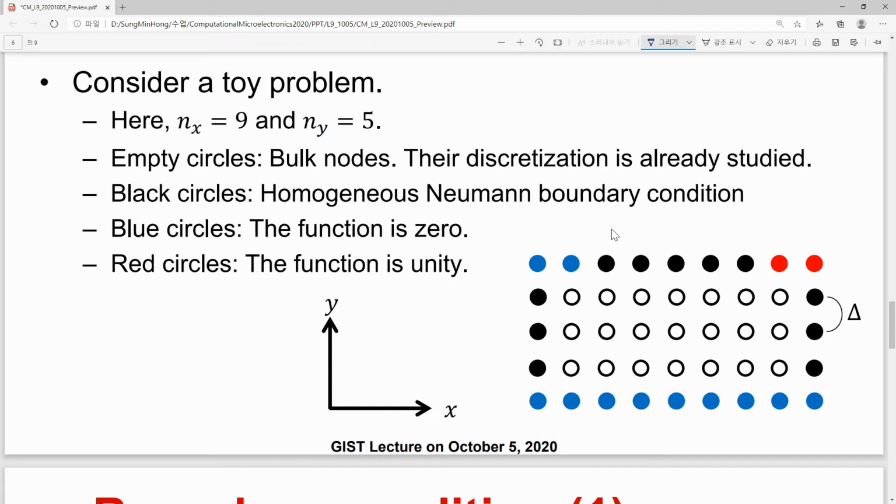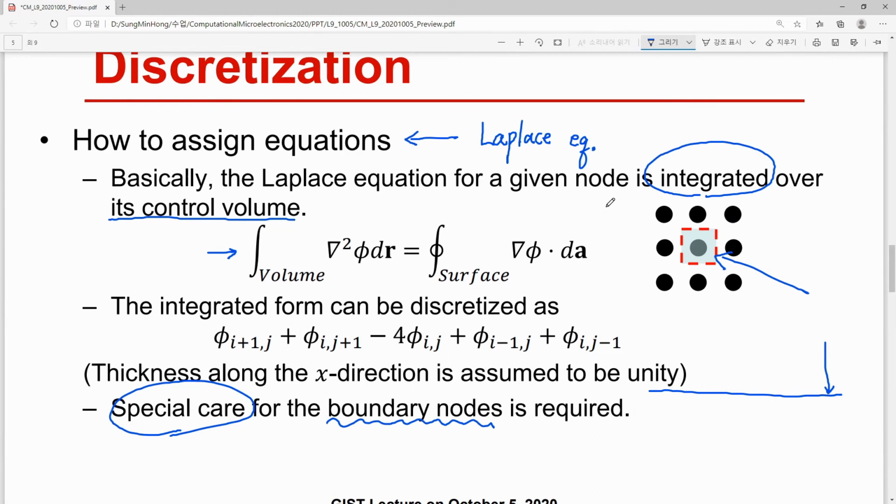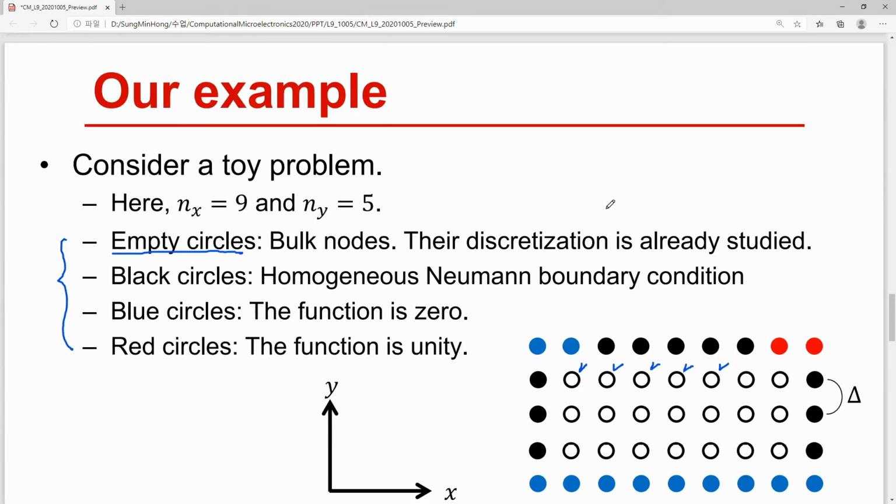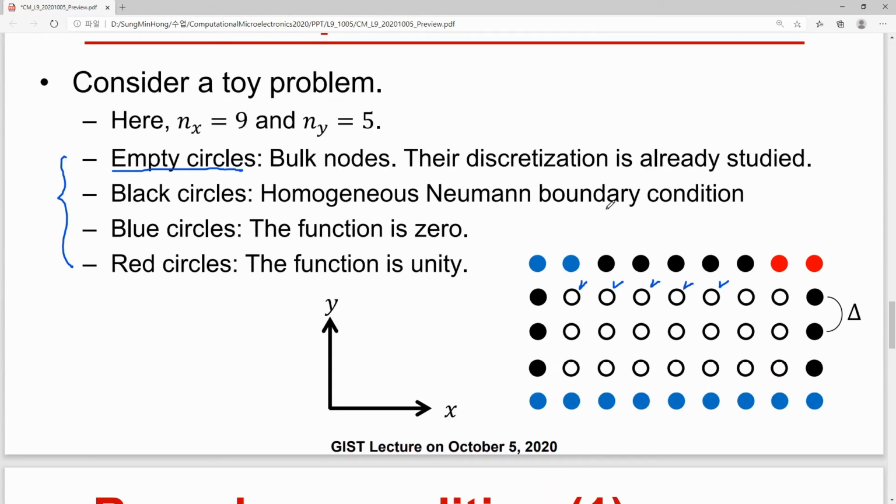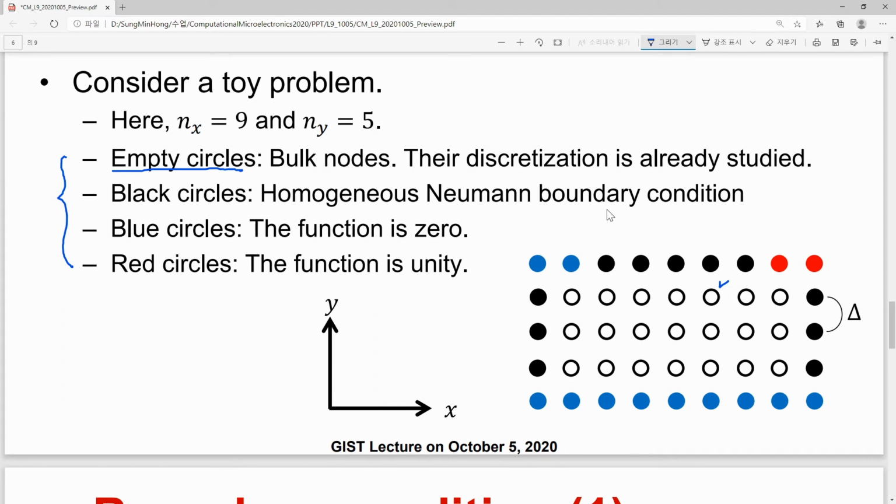Here the properties of each point are written with different symbols. For example, an empty circle means that this is a bulk node. So the treatment can be found in the previous slide. So it's okay.